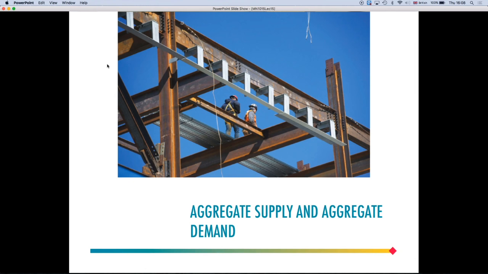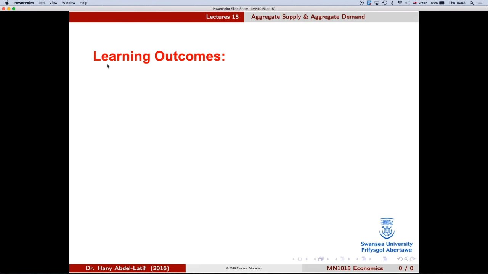So let's look at the supply side. With the supply side, as I said, we have quantity and price, but the supply in an economy means the real GDP, so all the output we produce.